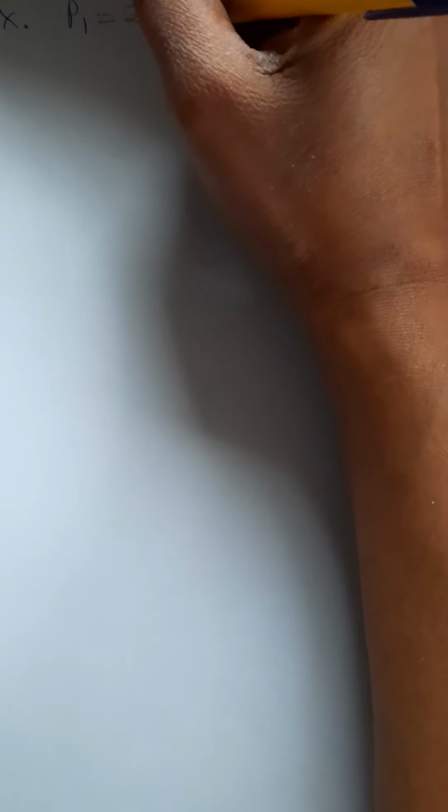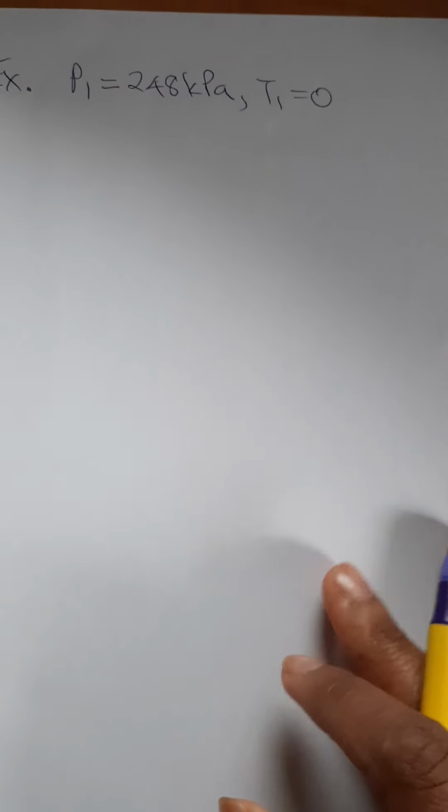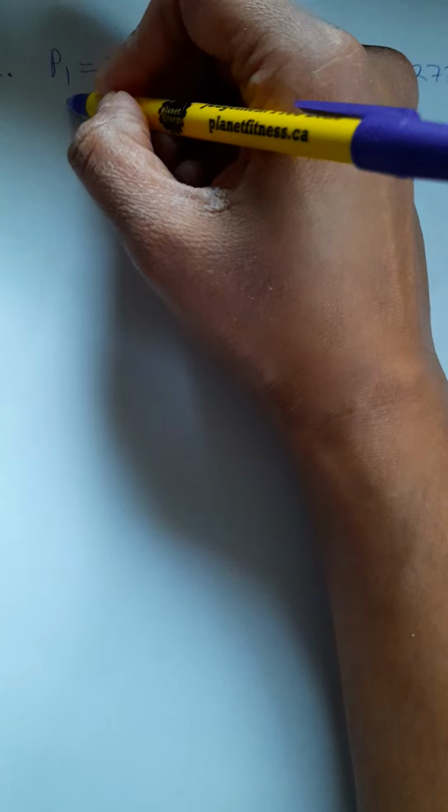A thermometer reads a pressure of 248 kPa, and this is at 0 degrees Celsius. So we're going to do 0 plus 273, so this becomes 273 Kelvin. What is the temperature when the thermometer reads a pressure of 345 kPa?